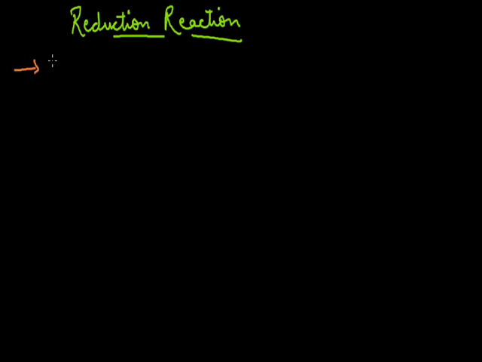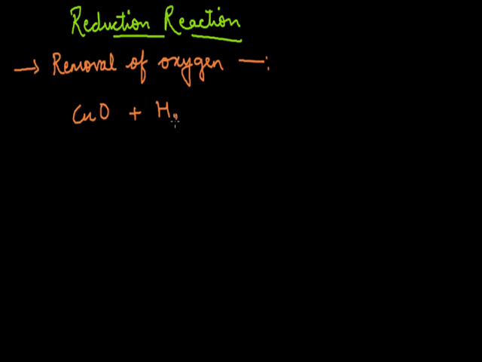First is removal of oxygen. Those chemical reactions which involve the removal of oxygen are said to be reduction reactions. For example, copper oxide, when it reacts with hydrogen, will form copper and water.